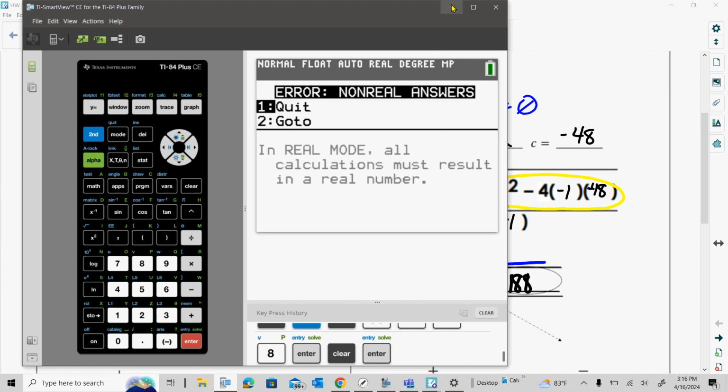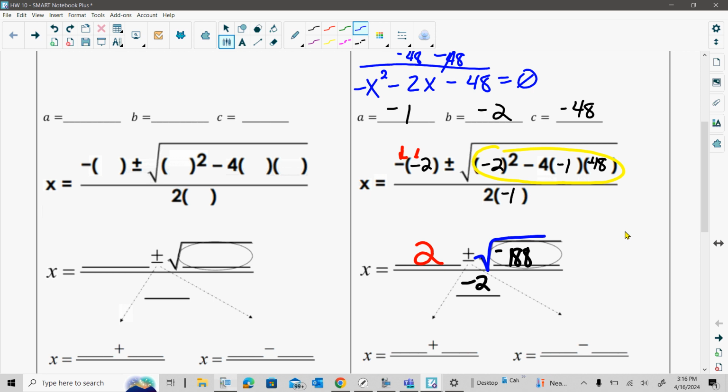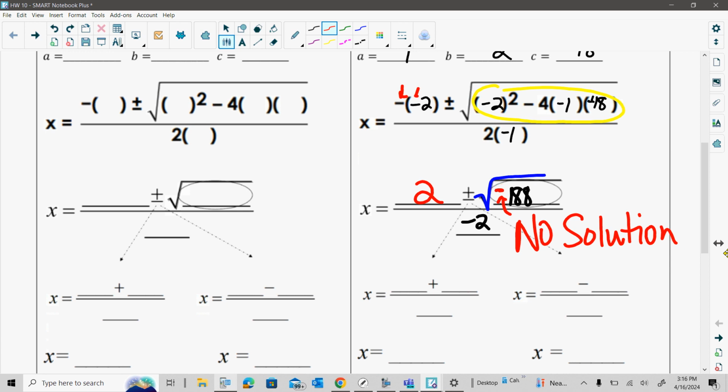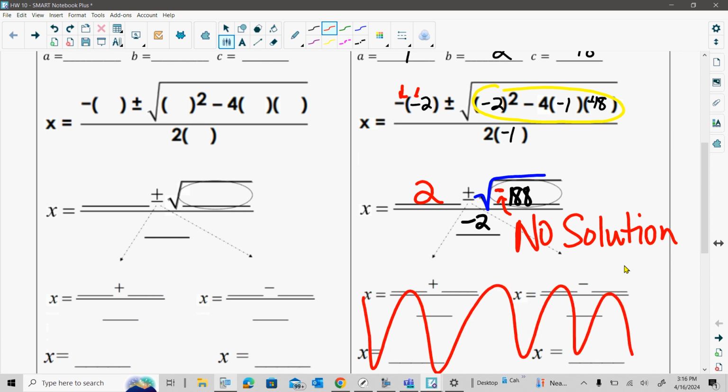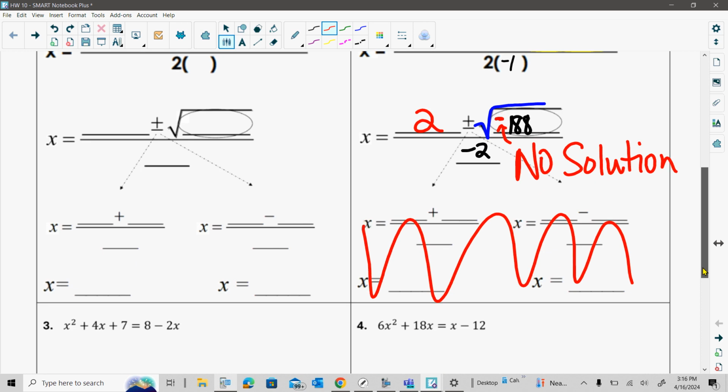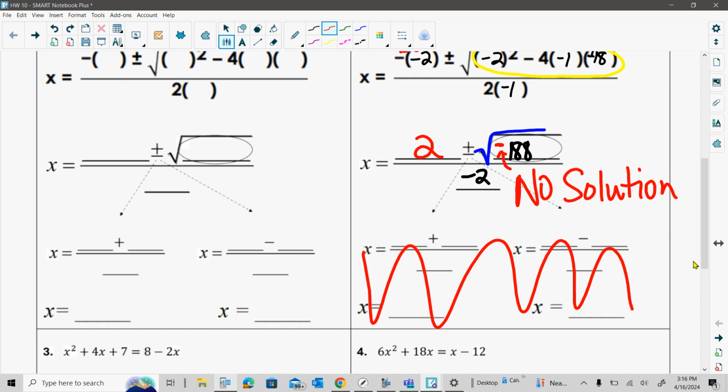Whenever I see that underneath the radical is a negative, this indicates no solution. It doesn't mean 0, it just means there's no solution. There is no x-intercept, there is no root, there is no point where it crosses the x-axis.